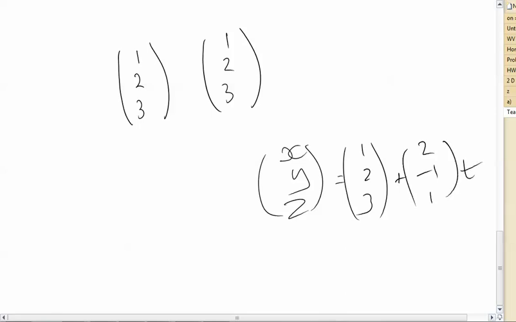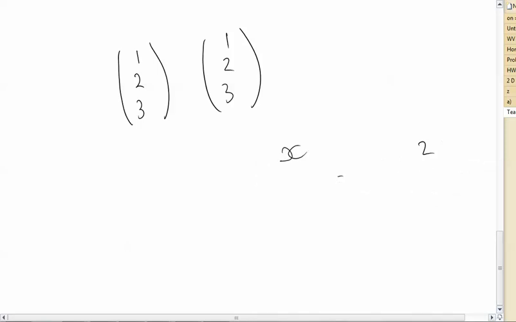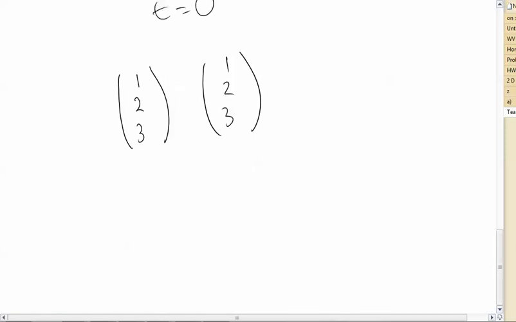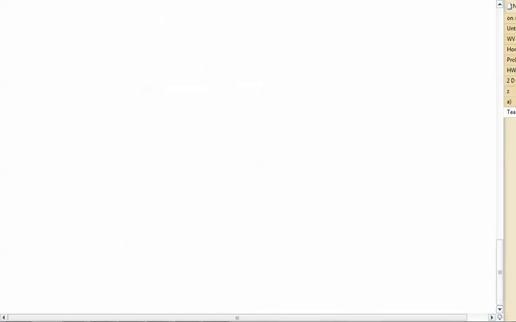In that form, the point, once having plugged in t, should equal on both of them 1, 2, 3. So because they're both the same, therefore they intersect.